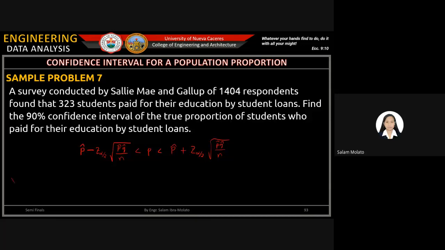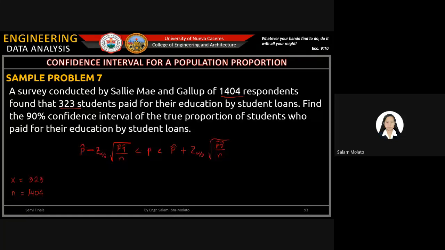Now, what is X? X is 323. How about N? N is 1404. So always remember, X is always smaller than the N because the N is the whole sample, no? So 323 is the X, N is 1404.